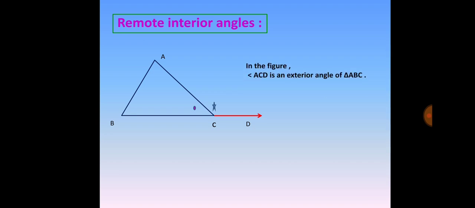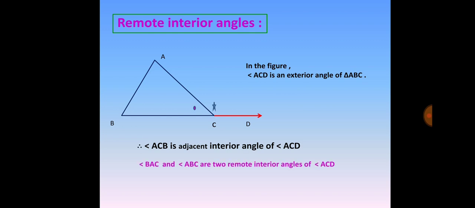In the figure, angle ACD is an exterior angle of triangle ABC. Therefore, angle ACB is the adjacent interior angle of ACD. The remaining two angles, BAC, that is angle A, and angle ABC, that is angle B, are the two remote interior angles of exterior angle ACD.